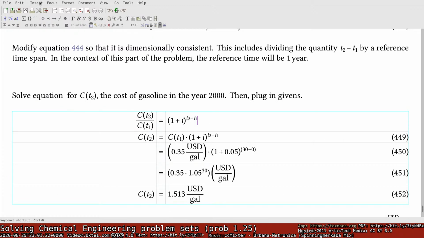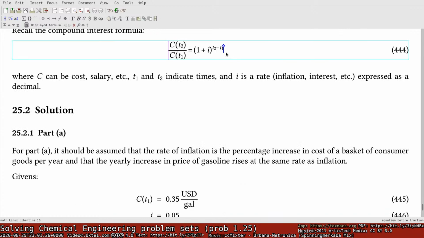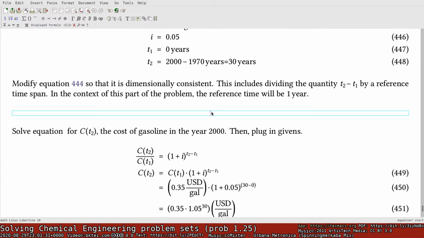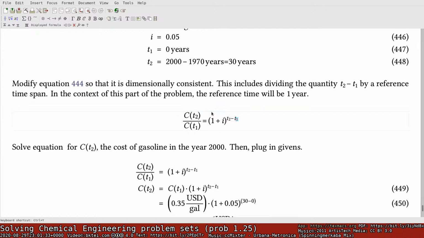So let's go ahead and copy this equation. Go ahead and divide, make this T ref.